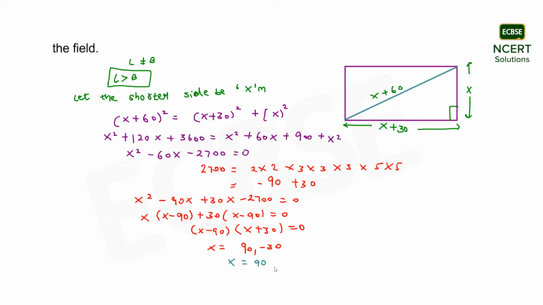So if x is equal to 90, the shorter side is 90 meters, then the longer side will be 90 plus 30, which is 120. In this case, length is 120 meters and breadth, which is x, is 90 meters.